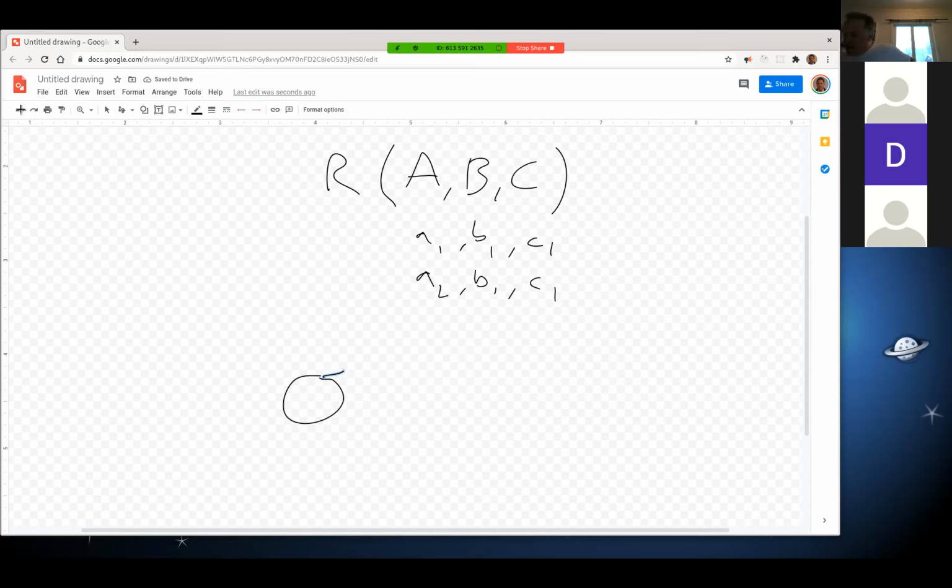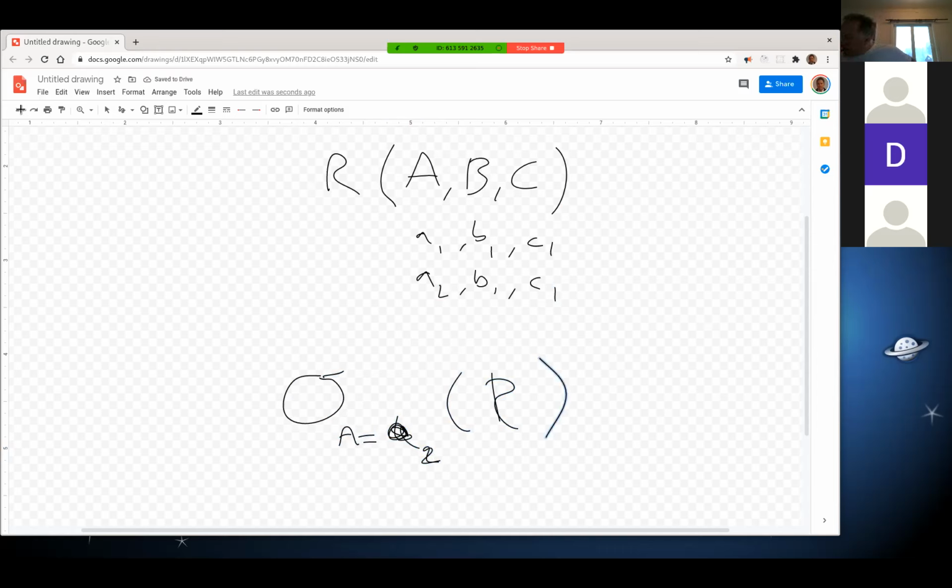The select operator takes conditions, so A equals A2, and we can apply that over R.